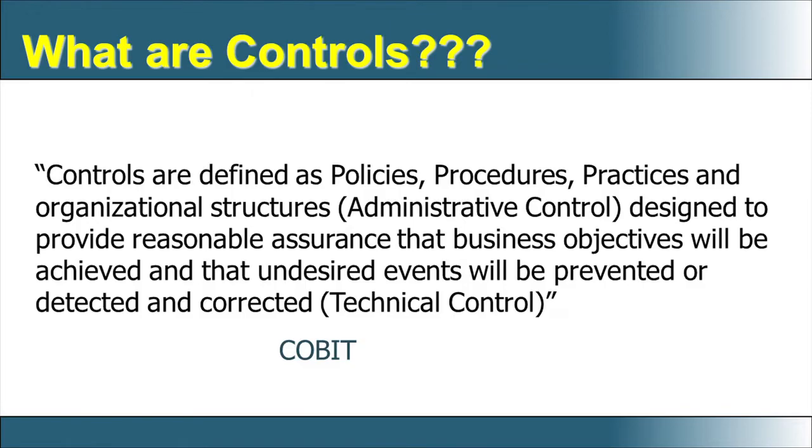So the policies, procedures, practices and organizational structures form part of the administrative control, and once those things are in place, we need to ensure that no undesired events occur. Undesired here means events that are prohibited by the policy, that are not stated in the policy, that are not part of any procedure or practice. Such undesired events will either be prevented, or if they happen they should be detected and subsequently corrected.